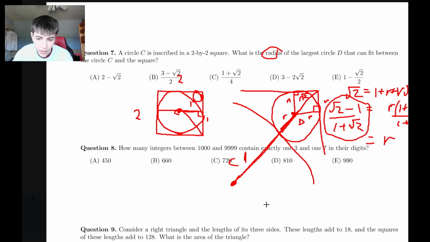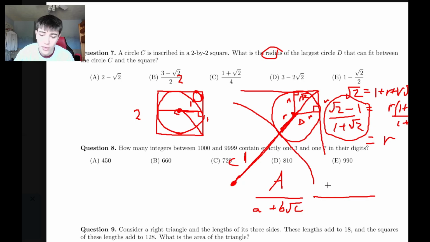So if you don't know how to rationalize the denominators of a fraction like this, then the way you do it, basically whenever you see a fraction and you've got something, and then you've got like a plus b root c, then you're going to multiply by this fraction, which is just 1. You're going to multiply by a minus b root c on the top and bottom, right?